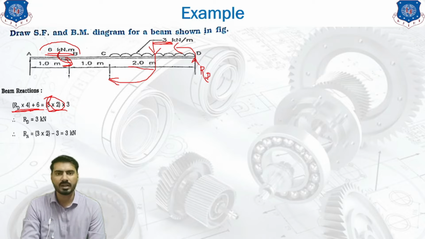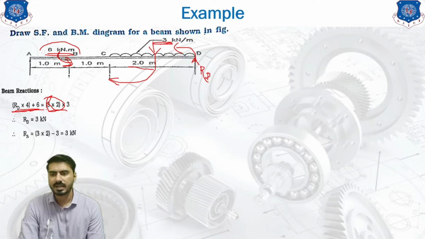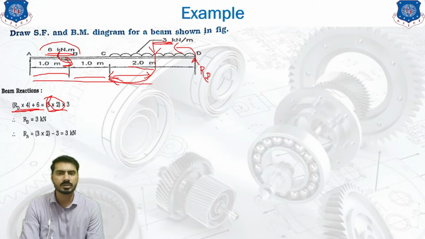Moment can be calculated using force into perpendicular distance, up to the point A. You will see that this much is 1 meter, this much is another 1 meter, and this much is another 1 meter up to the midpoint. So the summation of all these values gives the distance as 3 meter. That's why we have multiplied the distance of 3 with the total load of the UDL.